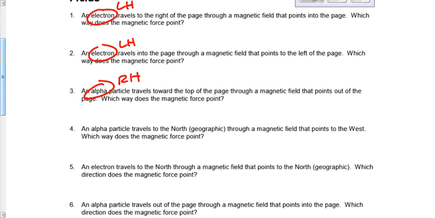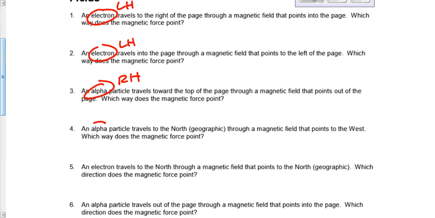Now in this case, David, you said to the right of the page, which is 100% correct. You could get away without saying of the page there, because if your page is vertical like mine is, or your page is horizontal like yours is, it's still to the right. Up, down is different, but right, left will still be the same. Strictly speaking, you should say it the way you said it, but you can get away without it when you're talking about right or left.